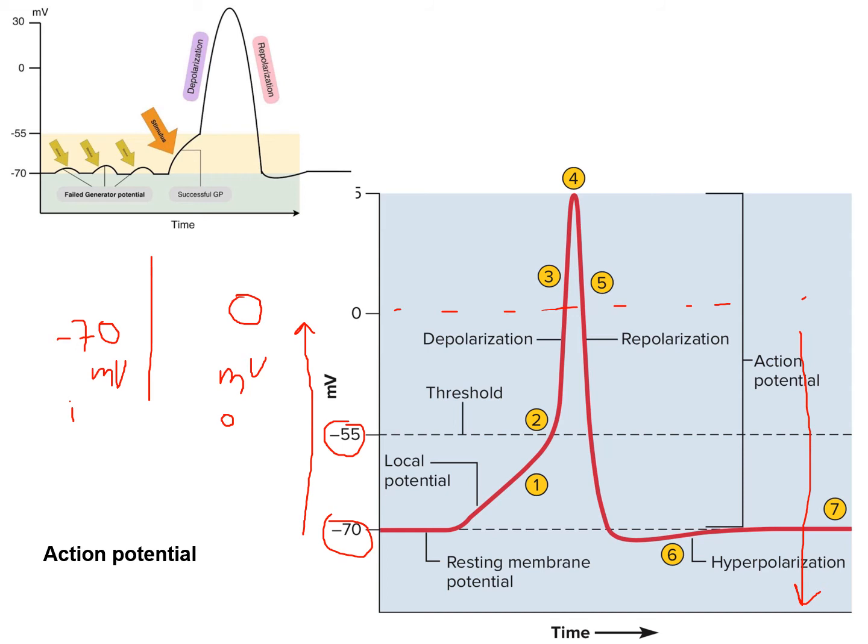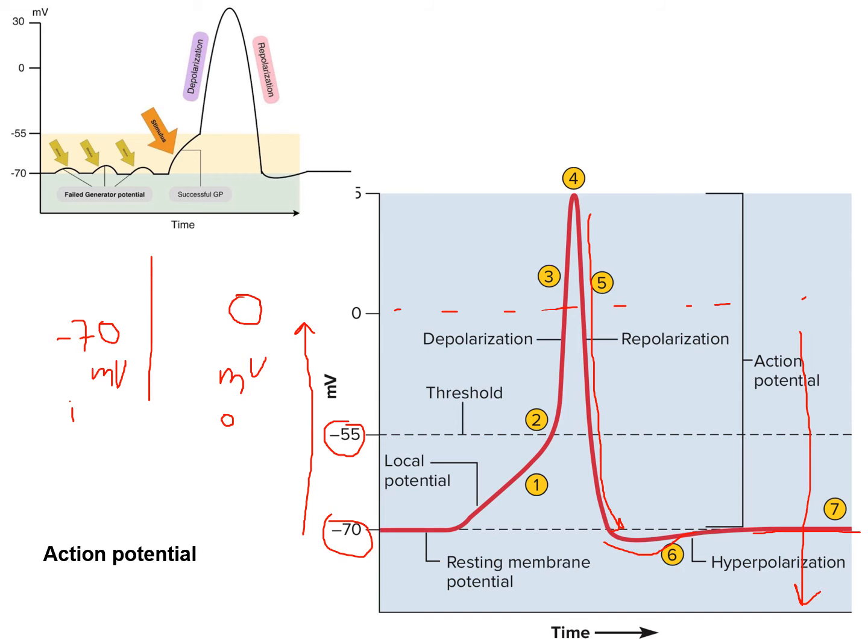Negative charges are left inside unbalanced, and as a result, the potential is repolarized. So much so that it becomes even more polarized than it was before, which is a state of hyperpolarization. And then we go back to our resting membrane potential.